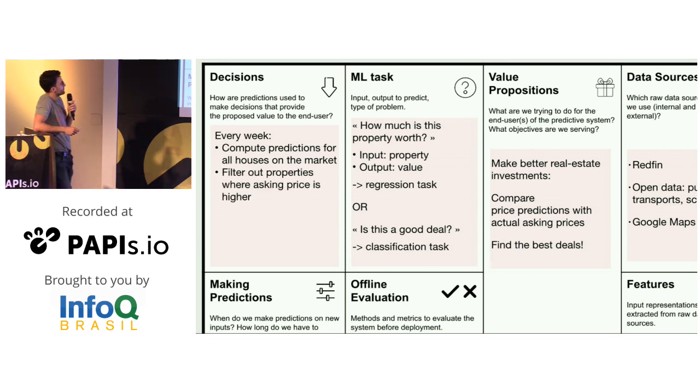And what you can do then is filter out all the bad deals, which are those where the asking price is higher than what you predicted the value was. And then quite simply, you could just give that to the real estate investor who's in charge of visiting the properties and deciding what to invest in.